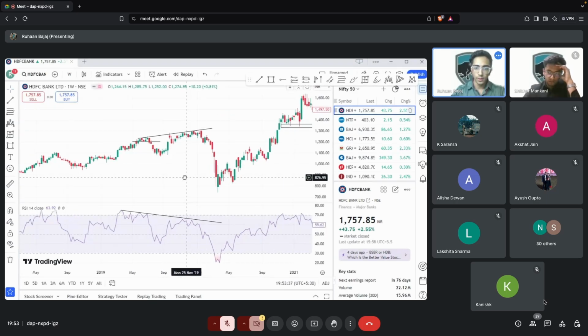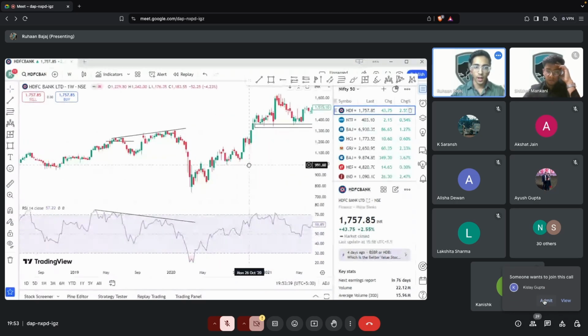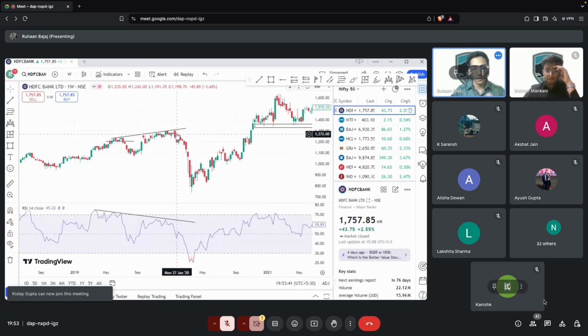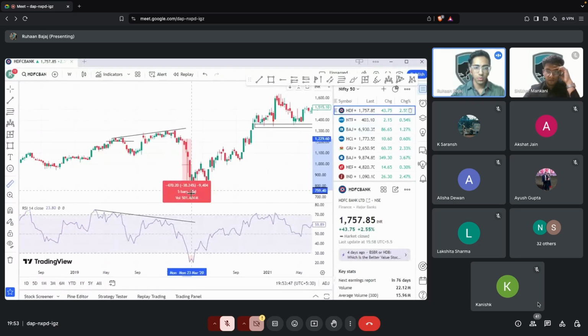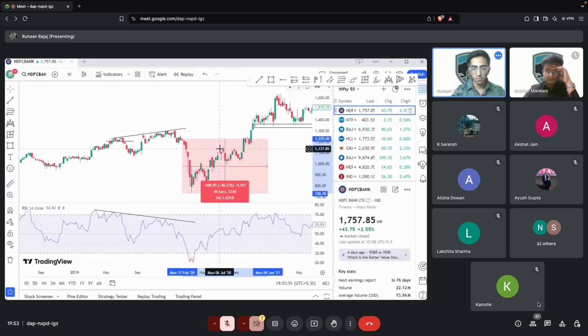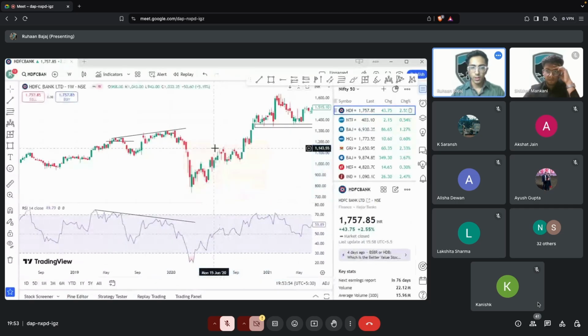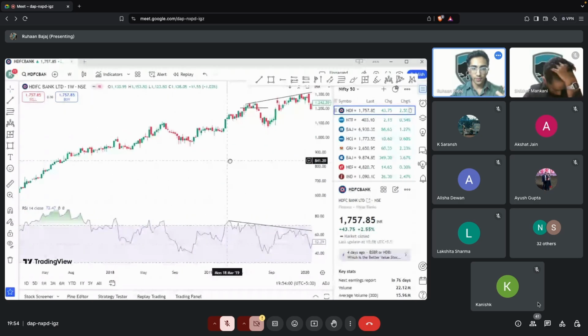This showed the decreasing strength of the buyers. And what happened next? The stock fell. It was a good fall, 40%. So this is the basic use of RSI divergence.